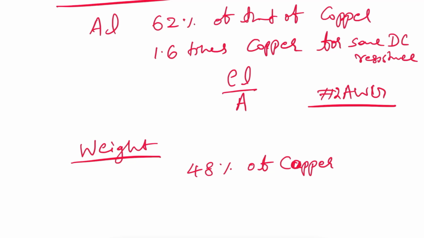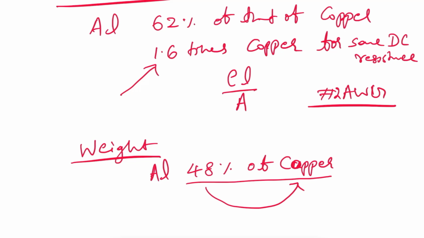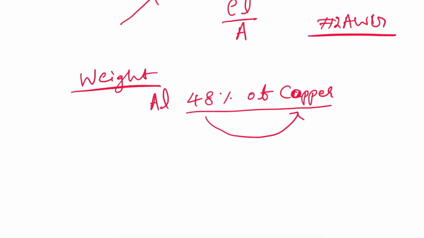For the same DC resistance you should have 1.6 times that area. Even after increasing the size by 1.6 times, the aluminum weight is just around 48% that of the copper. So this is a very significant property of aluminum, wherever there is a requirement of weight, for example, overhead lines. If the weight is more, then the sag will be more and it has problems like that.